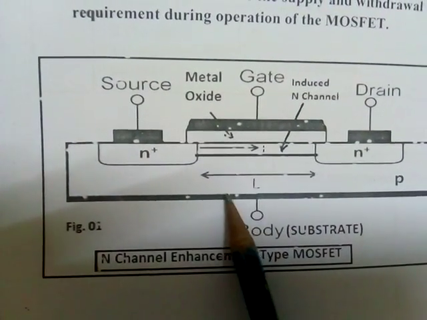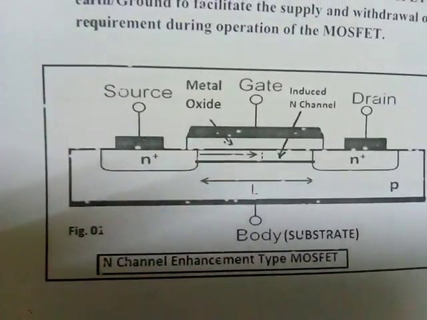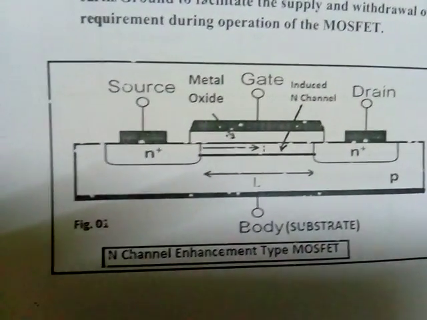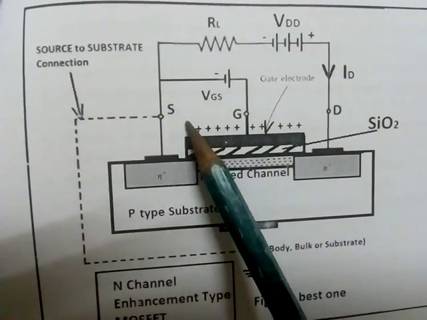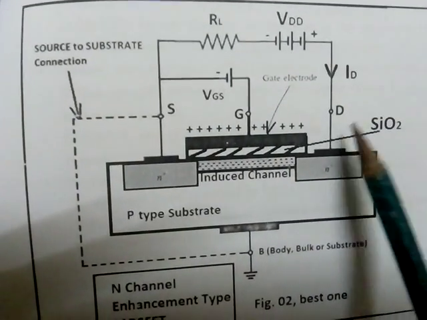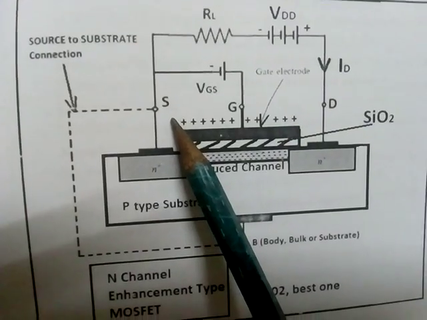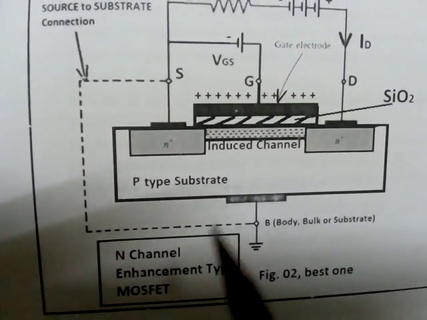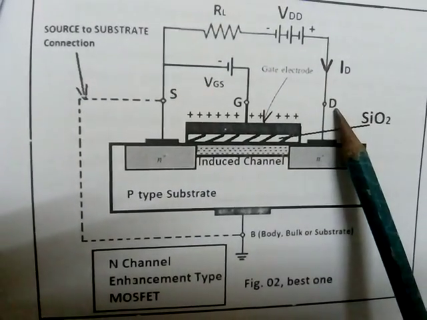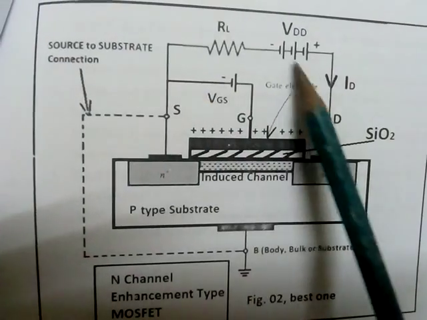Body is another one. Usually body is connected to the source. We will see the operation now. Source, gate, drain. When drain is made positive with respect to source for an N-channel E-type MOSFET, this is forward biased.